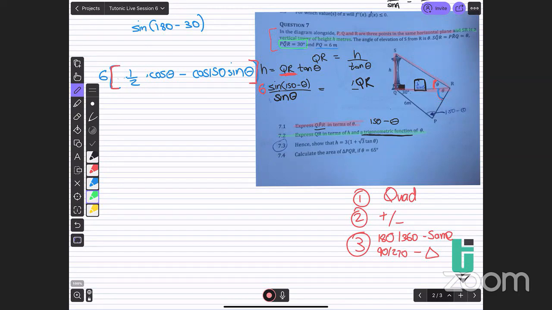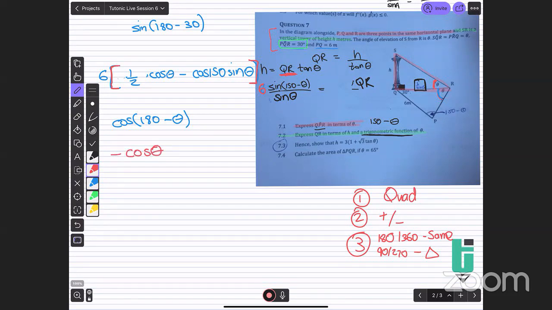It will be negative cos 30. Okay, but now show me using the steps. Which quadrant is it in? It's in the second quadrant. So it's cos of 180 minus 30. Is that positive or negative? It's negative. So then it's minus cos.